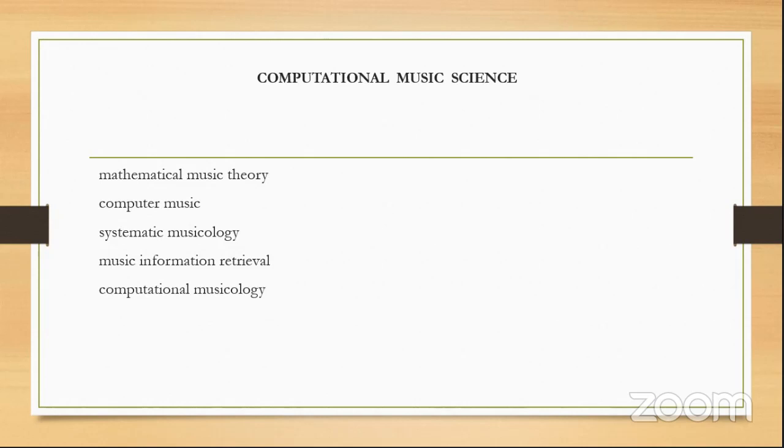Another thing in terms of your computational aspect is systematic musicology. It is basically an interdisciplinary science. Here the aim is to explore the foundations of music from different points of view: from the acoustics point of view, the psychology point of view, the physiology point of view, and the music theory point of view.